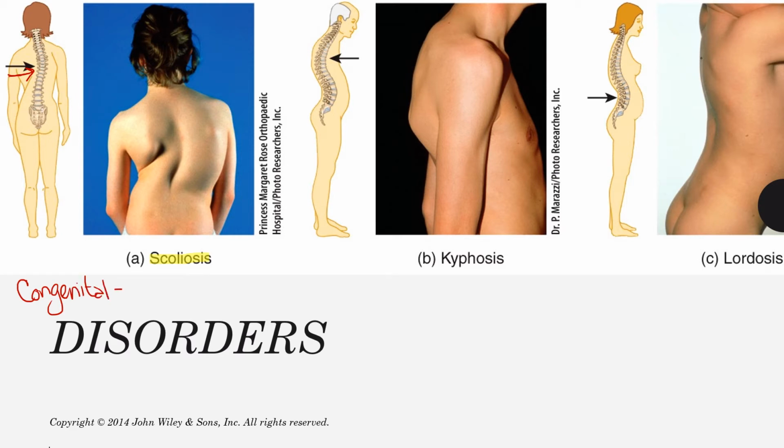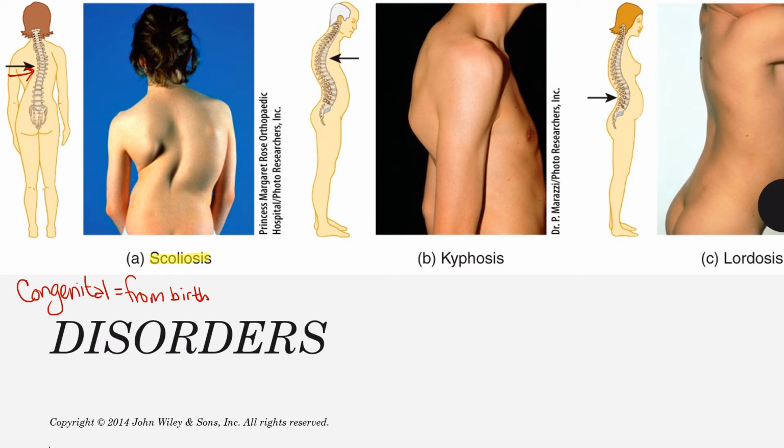Congenital means from birth. It may be from malformed vertebrae, chronic sciatica, paralysis of muscles on one side of the vertebral column. This can also result from poor posture or one leg being a lot shorter than the other.